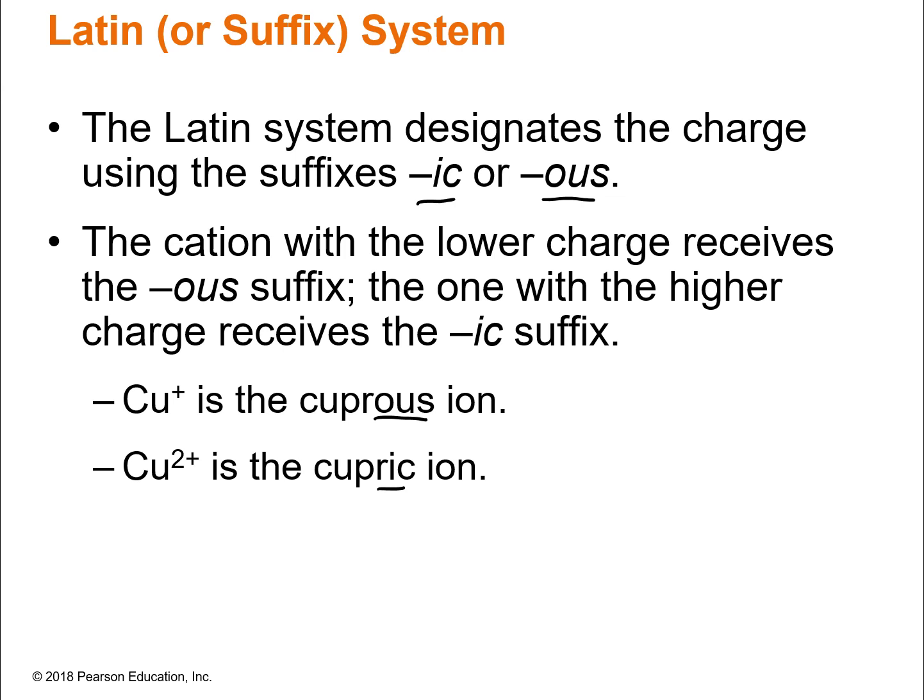So this is an older system. You will still see it on some chemicals. If you look it up in Google, you'll still find things named this way. But it's not as descriptive. All it does is tell you which one is the higher charge and which one is the lower charge. It doesn't tell you what the charge is like the stock system does. For our purposes, you will need to know this for your assignments, but for the exam, I'm going to focus on the stock system.